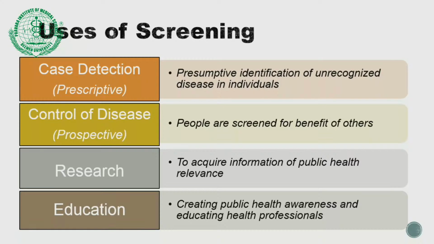The second use is for control of disease in the population, also known as prospective screening. Here the people are examined for the benefit of others. For example, screening for tuberculosis.